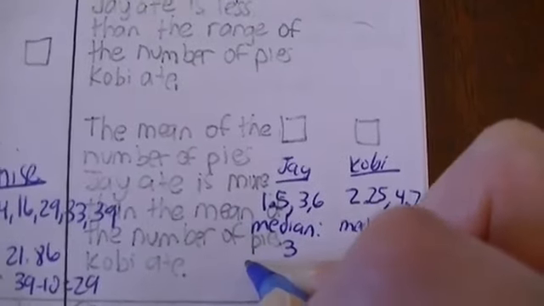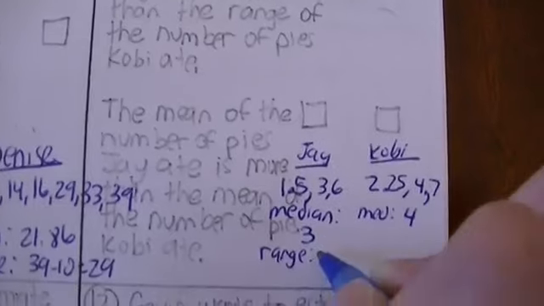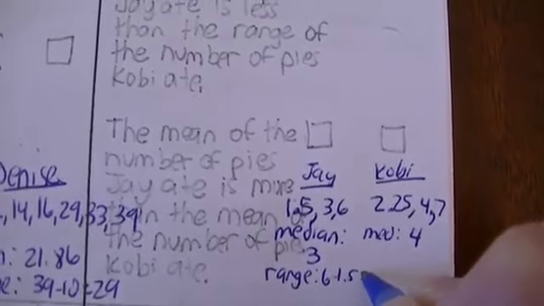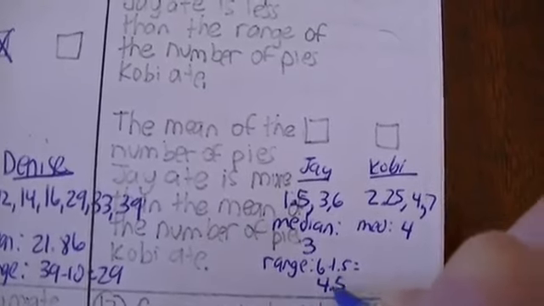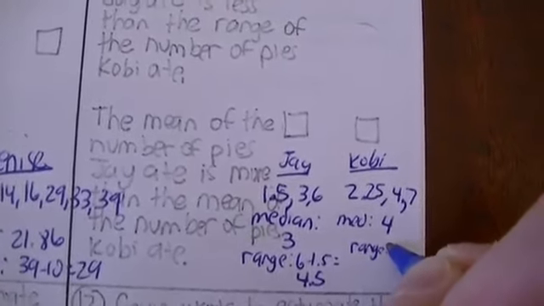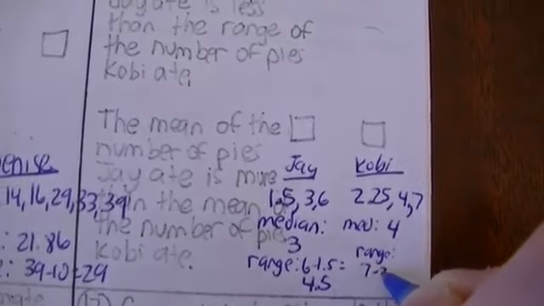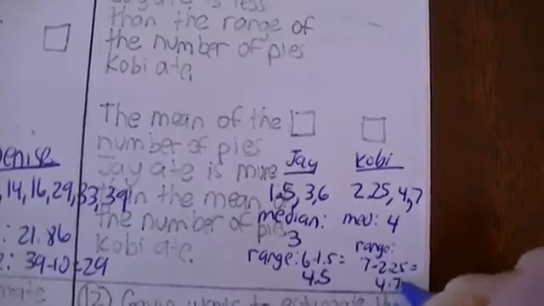Okay, and then the range for Jay, go 6 minus 1.5. And you would get 4.5. And then the range for Kobe is 7 minus 2 and 25 hundredths, and you would get 4 and 75 hundredths.